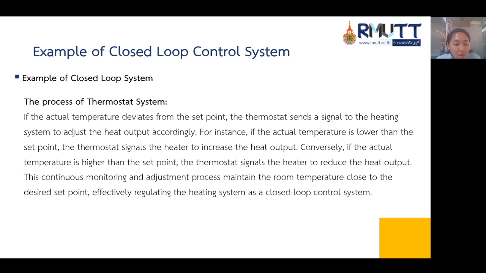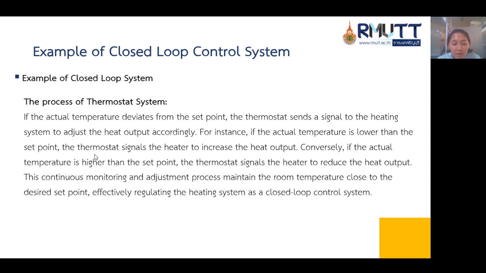And then the process of the thermostat system: if the actual temperature deviates from the set point, the thermostat sends a signal to the heating system to adjust the heat output accordingly. For instance, if the actual temperature is lower than the set point, the thermostat signals the heater to increase the heat output.